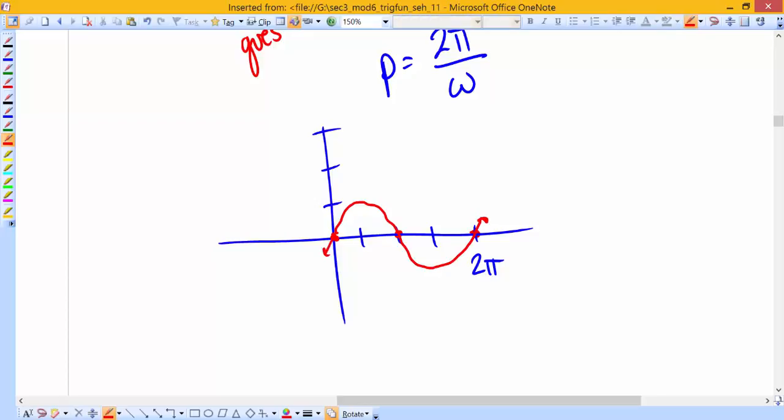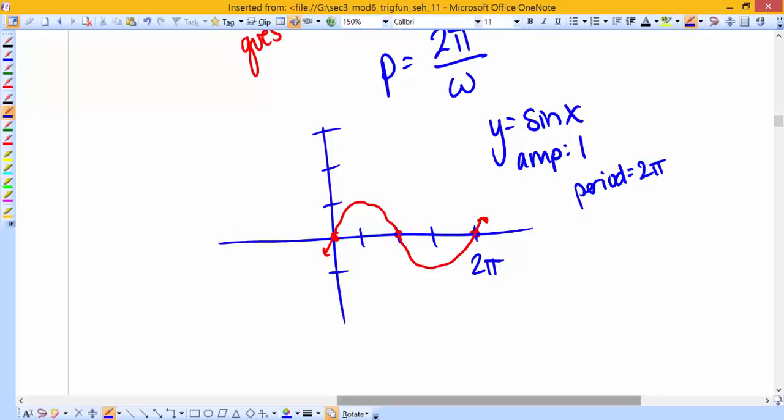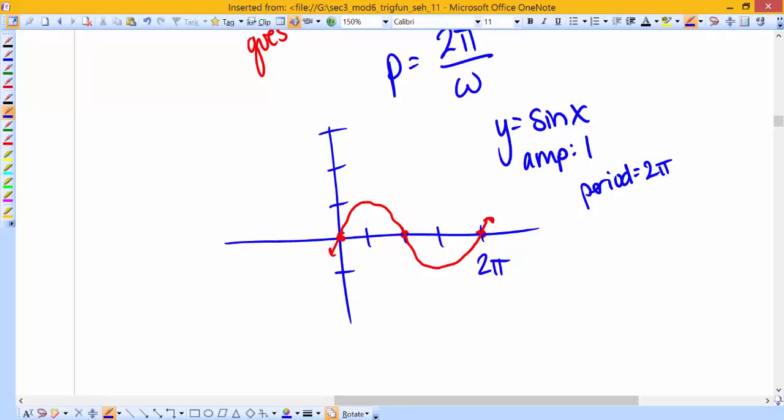So the reason I know to graph this, if I have y equals sine of x, my amplitude is 1 because there's nothing in front of sine, so I have to go up to 1, down to -1. And the period for your sine graph is 2 pi. So by 2 pi, it needs to be finished. So in class, we will have gone over this in detail, so I'm not going to go over that in detail right now.